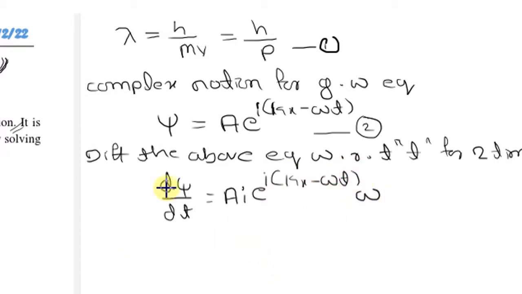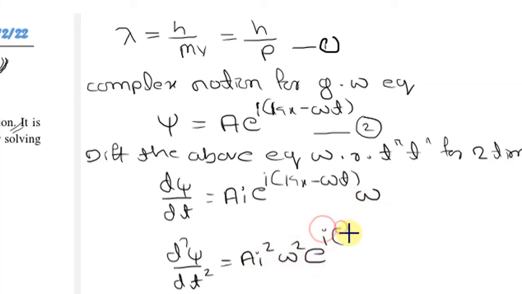Once again differentiate, we get d square psi by dt square equals A as it is, i square omega square e raised to i (kx minus omega t).